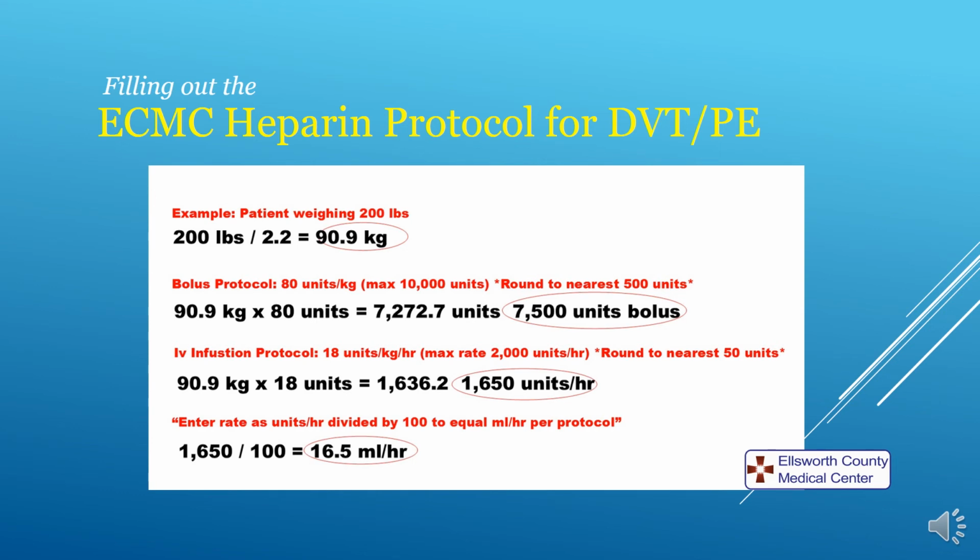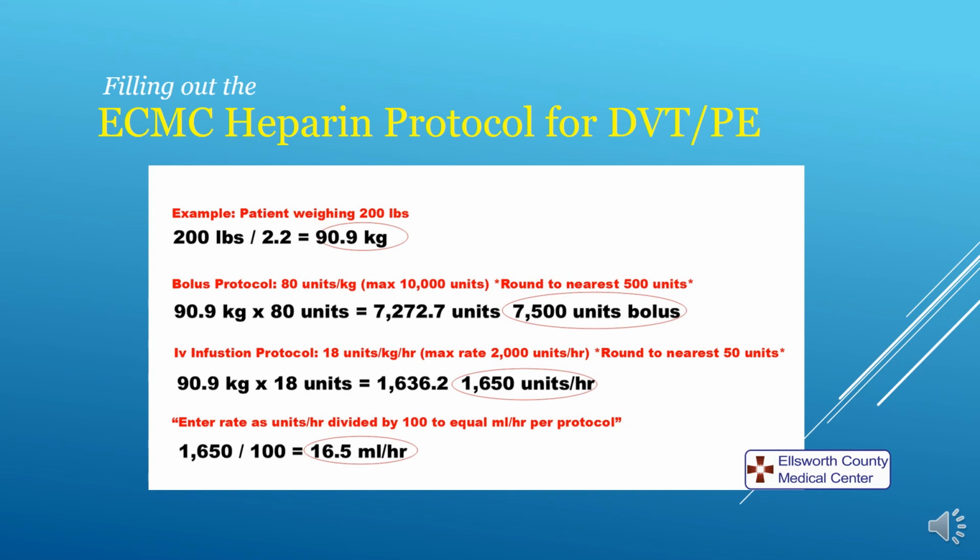The IV infusion protocol states 18 units per kilogram per hour, with a maximum rate of 2,000 units per hour. Round to the nearest 50 units. So 90.9 kilograms times 18 units equals 1,636.2, and rounding it to the nearest 50 units is 1,650 units per hour.